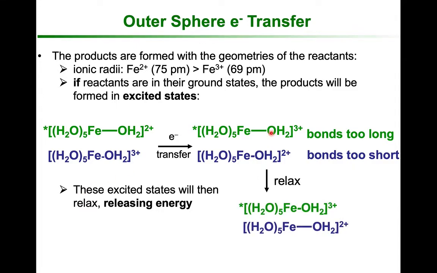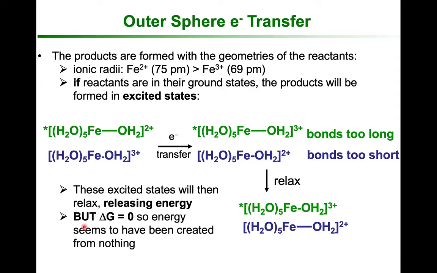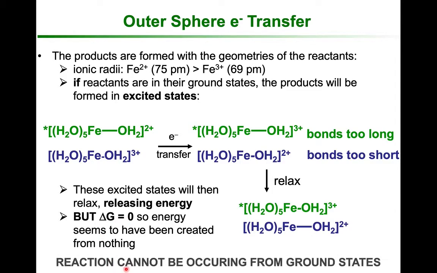Okay, so this bond length would need to shorten, this bond length would need to lengthen. But that can't happen because we know that delta G is equal to 0. The free energy is equal to 0. So it would seem that we've created energy from nothing, and a reaction could not be occurring between the two ground state structures then, because this process would lead to the creation of energy from nothing.